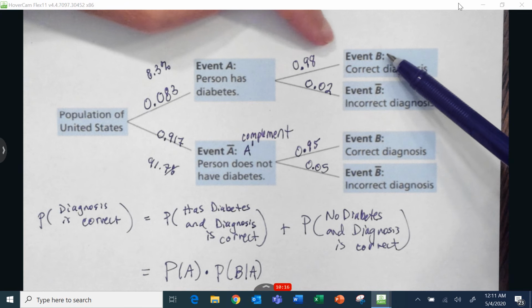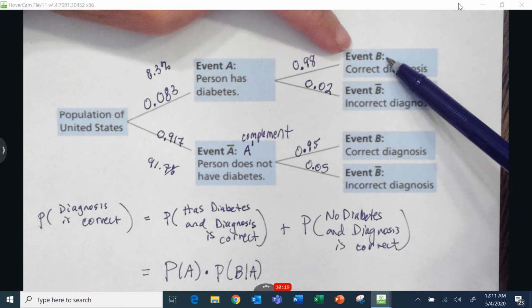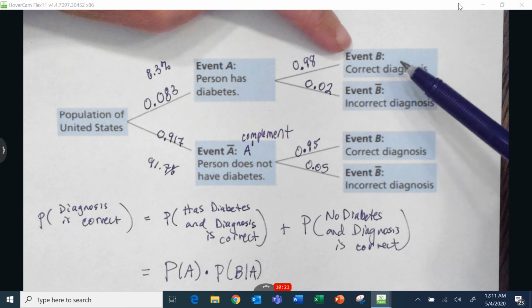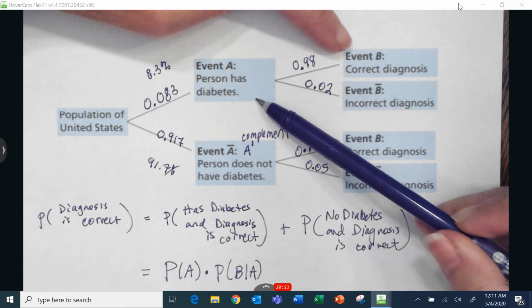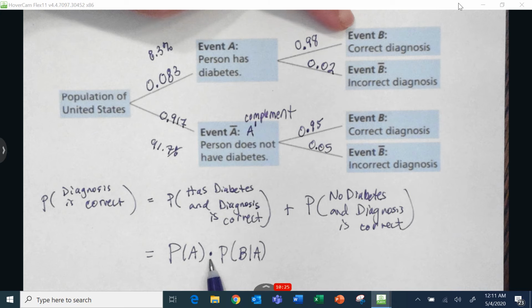So we're saying, what's the probability that there is a correct diagnosis for the people that have diabetes? That's what this formula right here is going to give us.